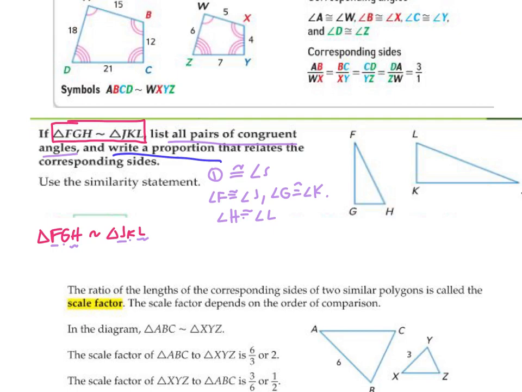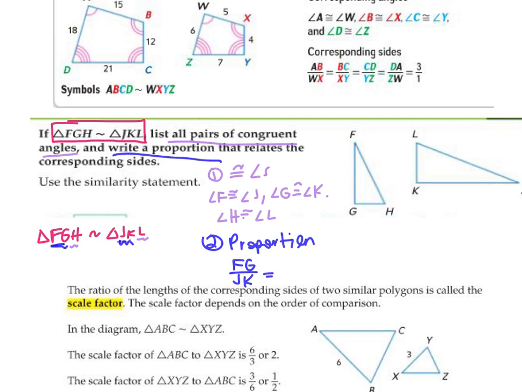Second step, we want to write a proportion. So we need to compare our sides between the two triangles, right? So we know that side FG, my bad, corresponds with JK.